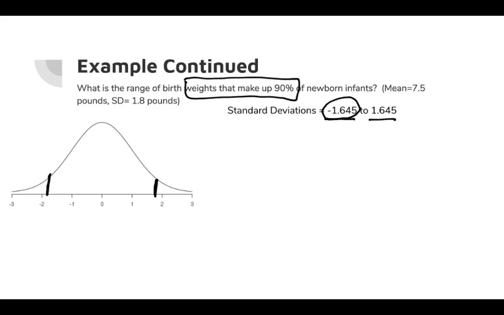So I can take this and use my equation. The z-score equation is the value minus the average divided by the standard deviation. I can just plug this stuff in.